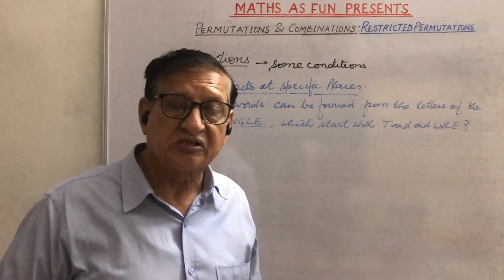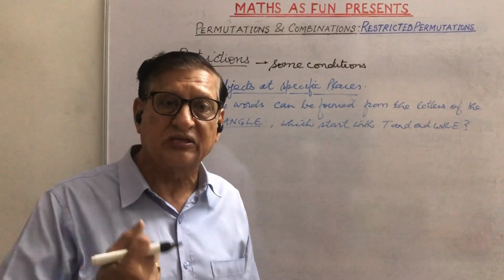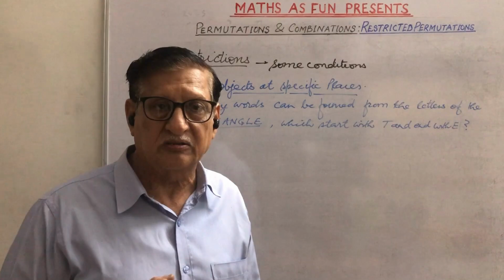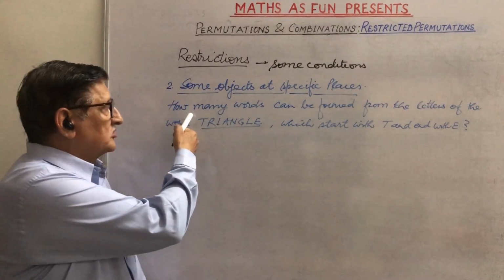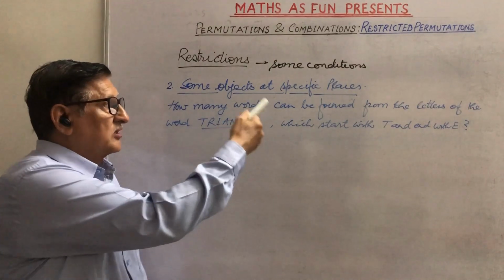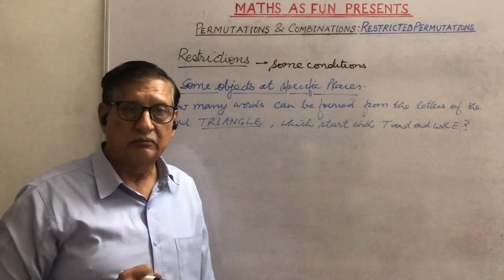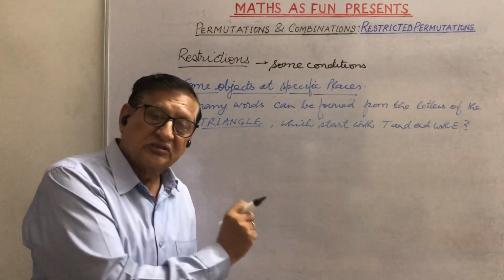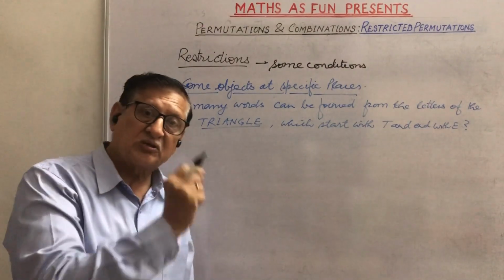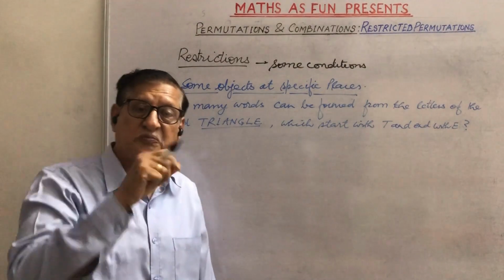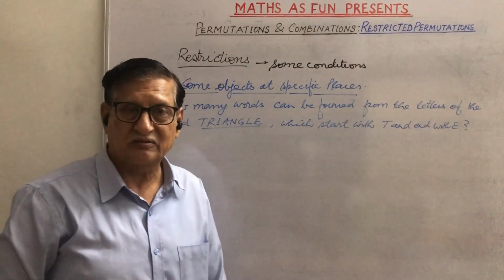See, the next restriction we may have is when some of the specific objects are to be placed at some specific places. For example, we are given a question: how many words can be formed from the letters of the word triangle which start with T and end with E? It means T and E are to be at the specific places, that is the first place and the last place.